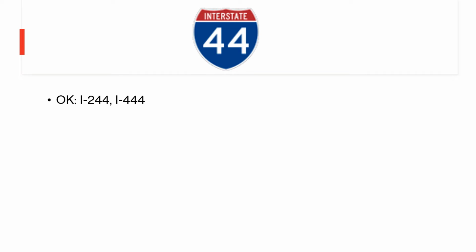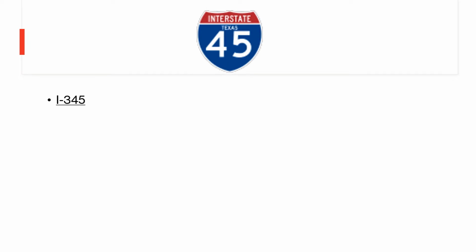The only thing is, 444 is not a signed interstate, but it is in the system somehow. Now we have Interstate 45, and you have I-345, which is an unsigned interstate. Here's the fact though.